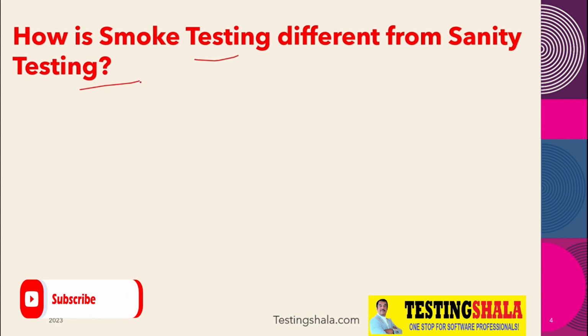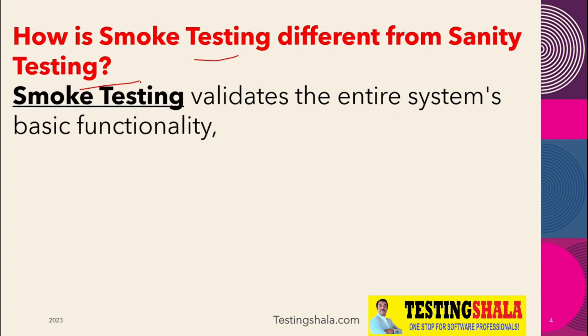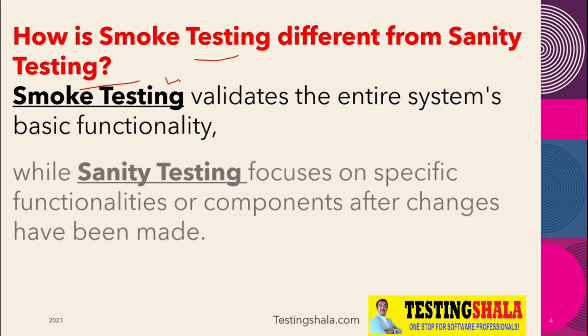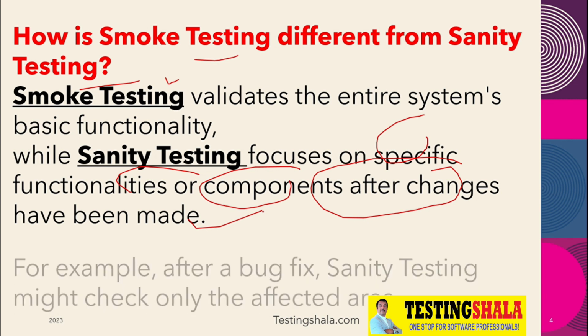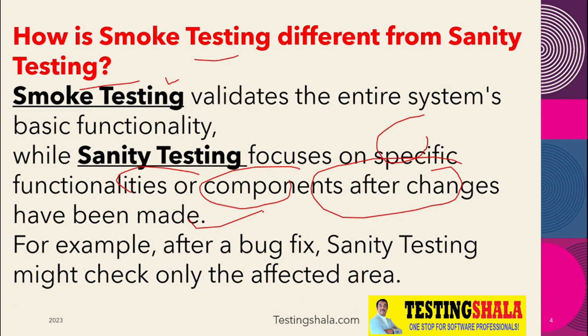The key difference is, as we discussed, in smoke testing we test the basic and critical functionality, while in sanity testing we focus more on specific functionalities or components after changes have been made. That is the key difference between smoke and sanity. To give an example, after a bug fix, in sanity testing we are validating the affected area.